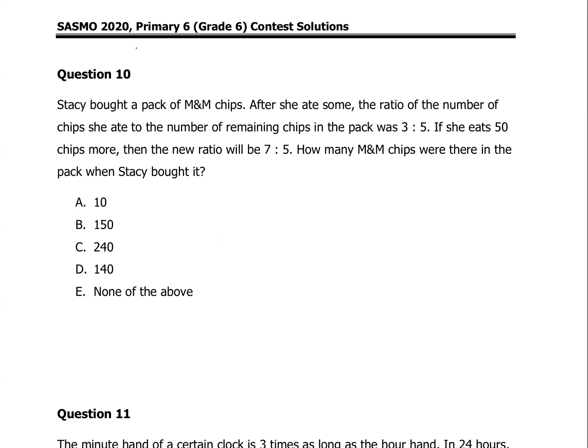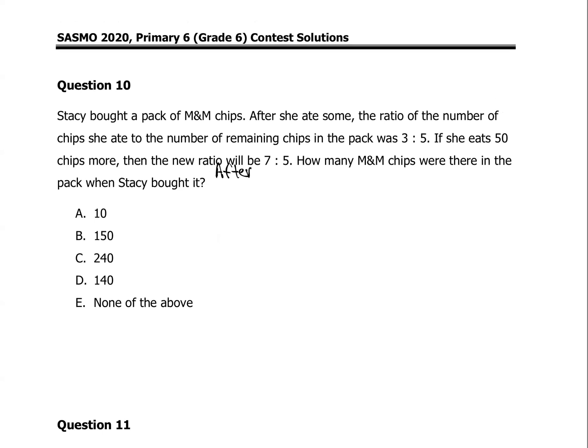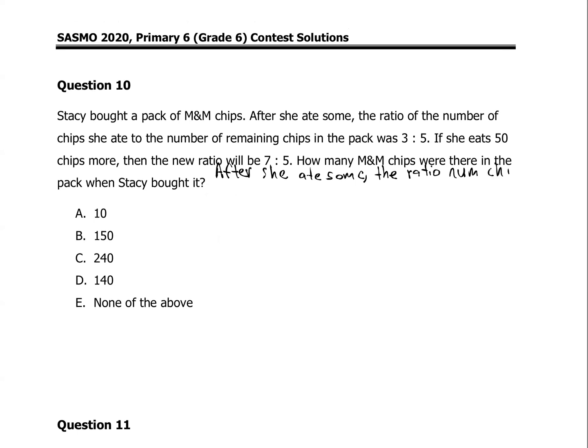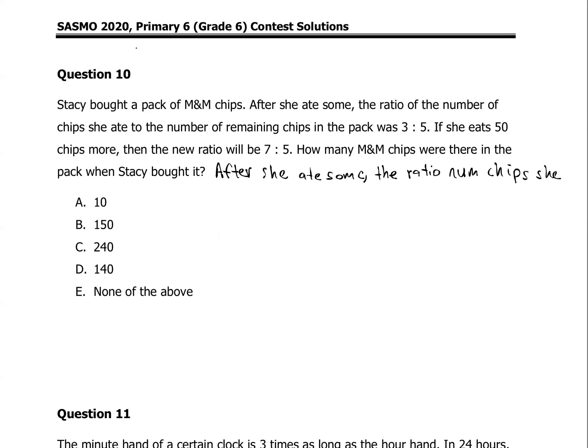Anyway, so you know that after she ate some chips, the ratio of the number of chips that she ate to the number of remaining chips is 3 to 5.